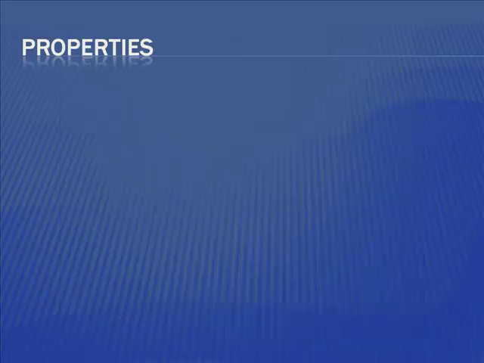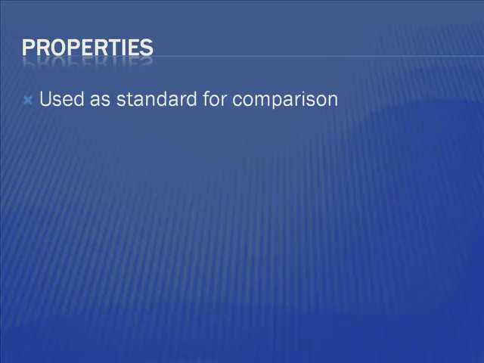The properties of the normal distribution. The normal distribution is used as a standard for comparison, even in nonparametric statistics. When we talk about distributions being, for instance, platykurtic or leptokurtic, what we're talking about is how the bulk of the distribution, the mode of the distribution, compares to the normal distribution.